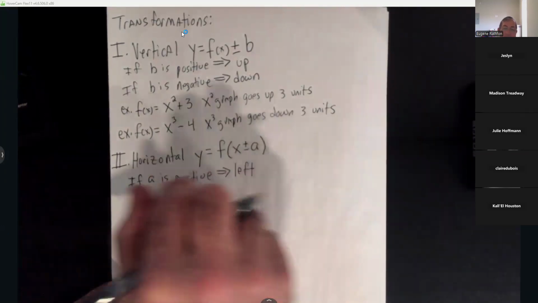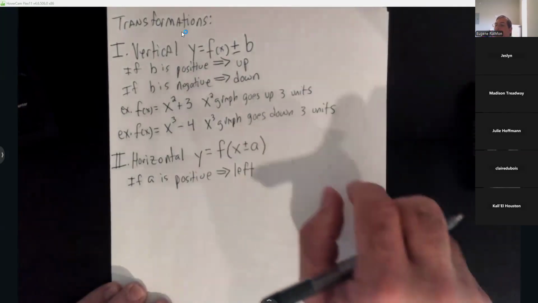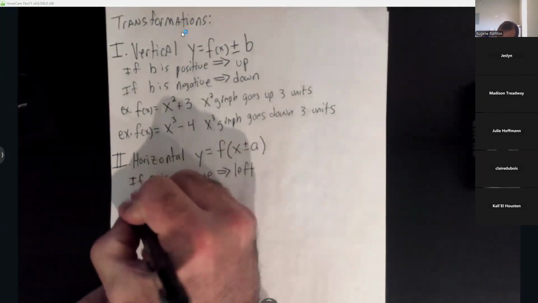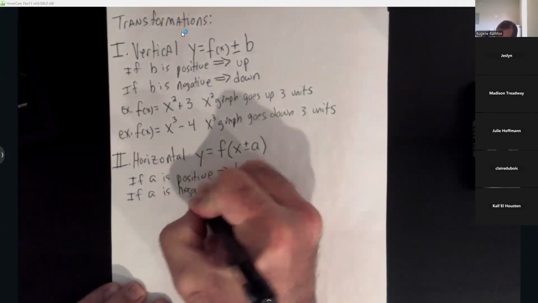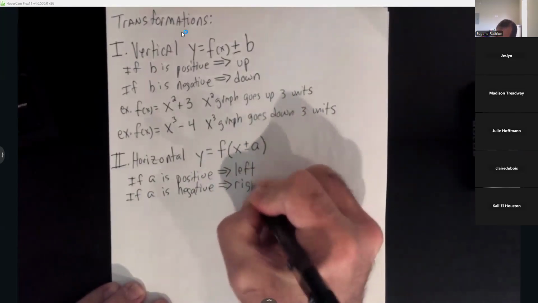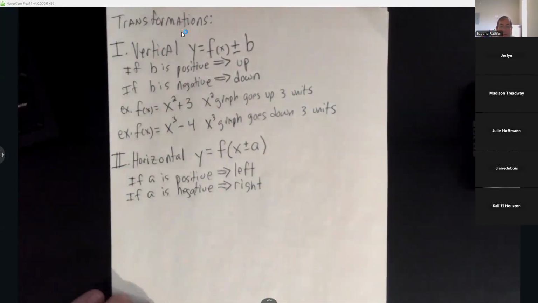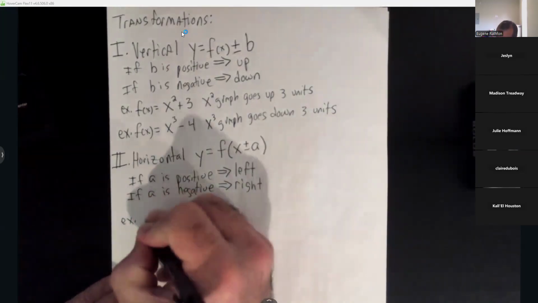If you add to it, it's going to move it left. If you subtract from the x, it's going to move it right. So that means if a is negative, then you're going to move it right. Okay?